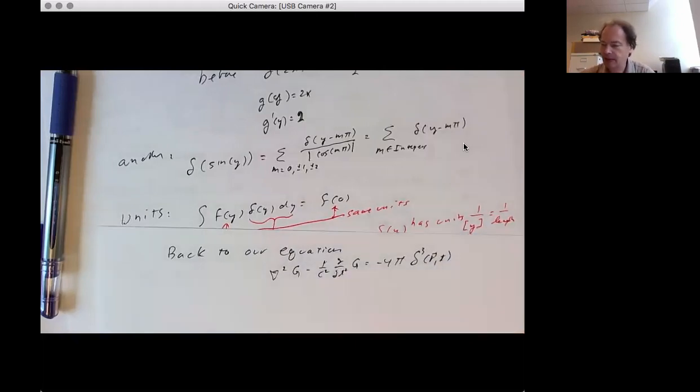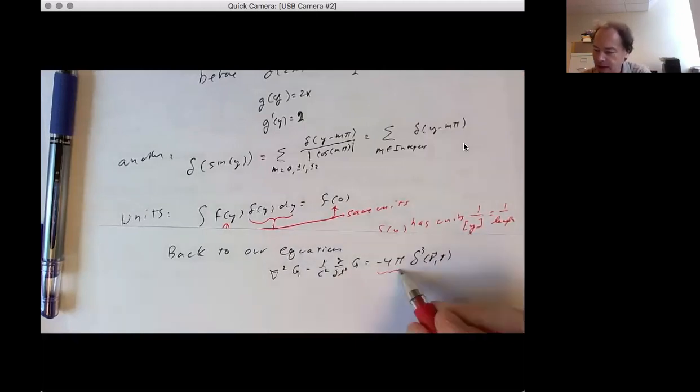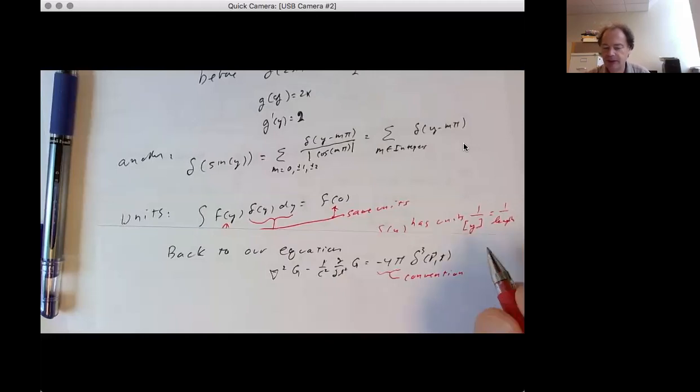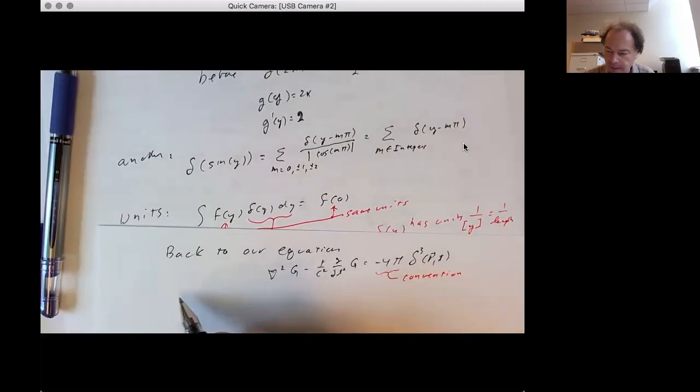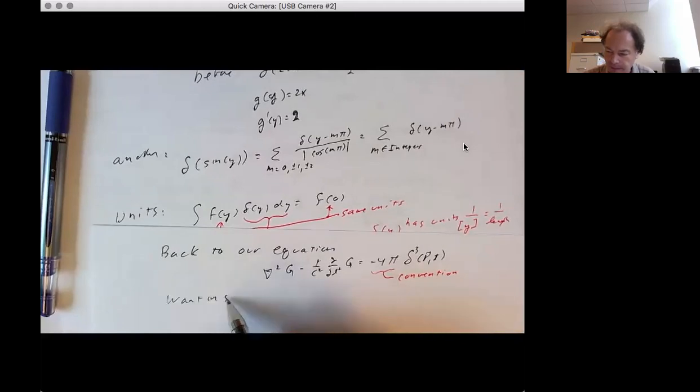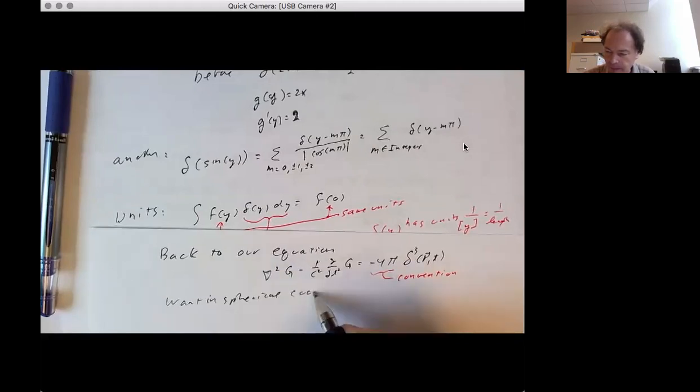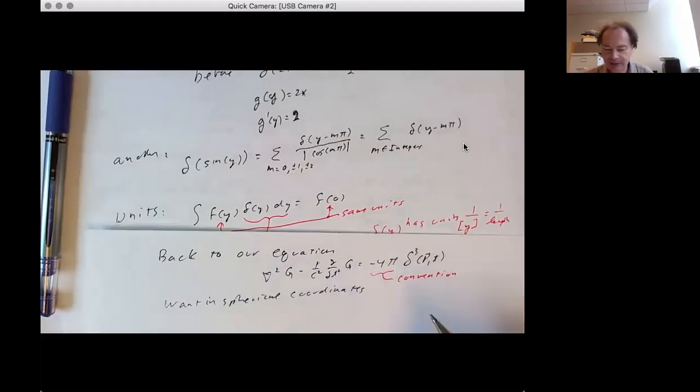And this minus 4 pi out in front here, that's convention. You'll see why it's convention in a minute. And we want a spherical coordinates formula, largely because we already know it in rectilinear, and we're more interested in spherical than others.